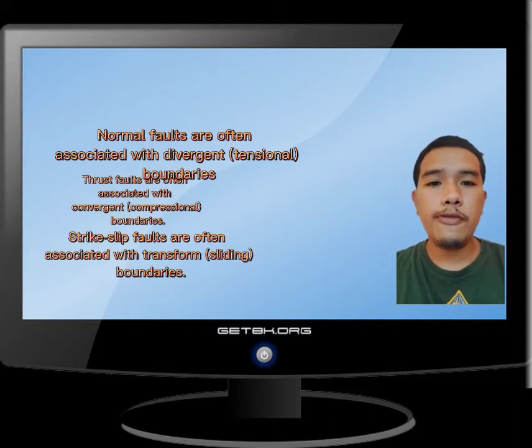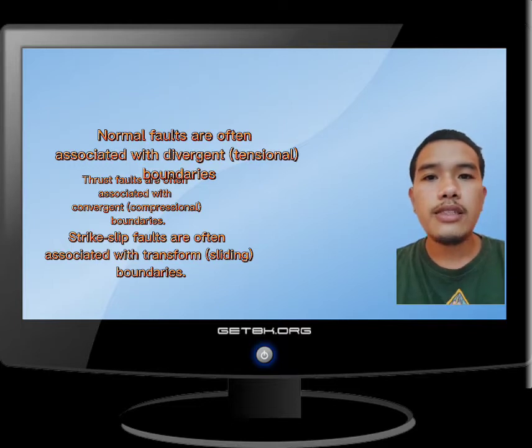Reverse dip-slip faults result from horizontal compressional force caused by shortening or constricting of Earth's crust. The hanging wall moves up and over the footwall. Thrust faults are reverse faults with a dip of less than 45 degrees.